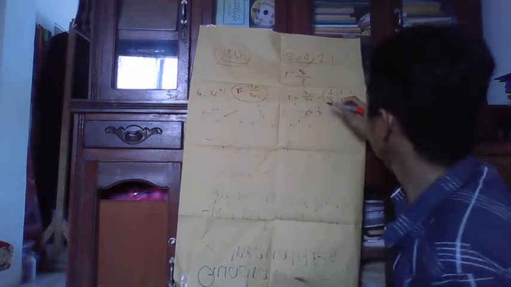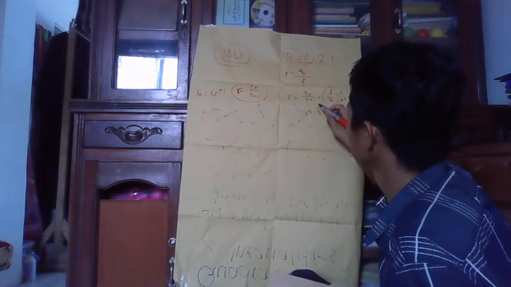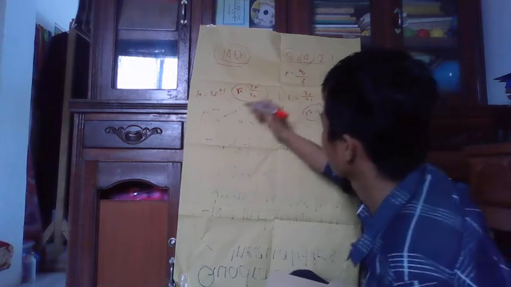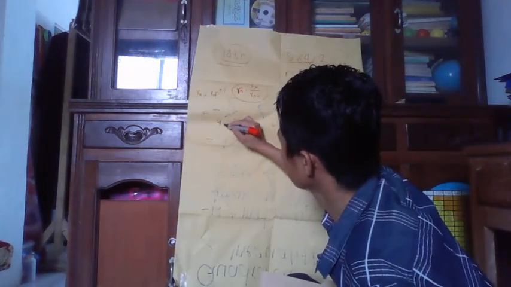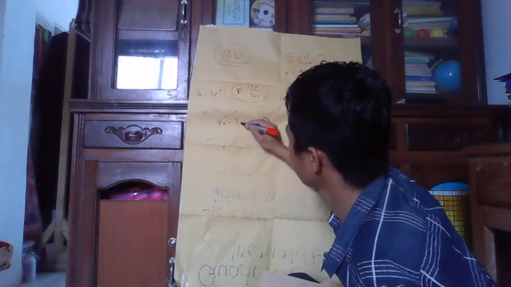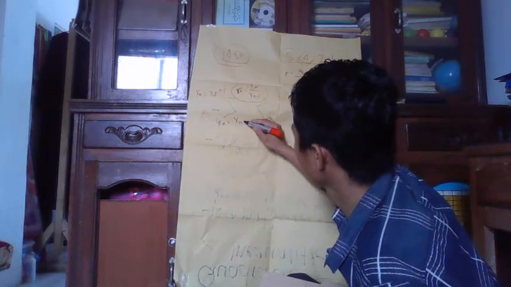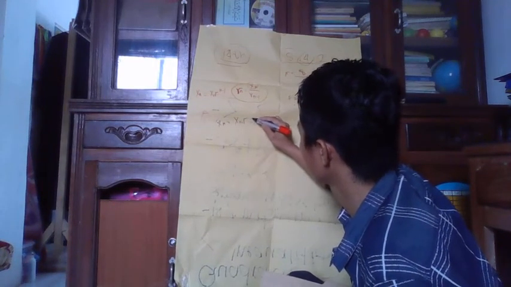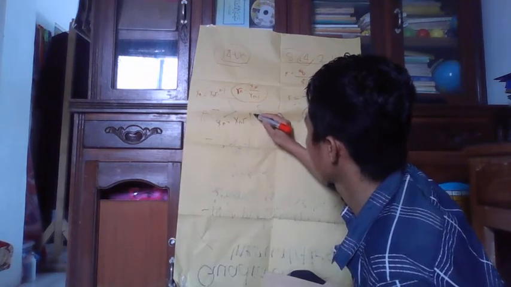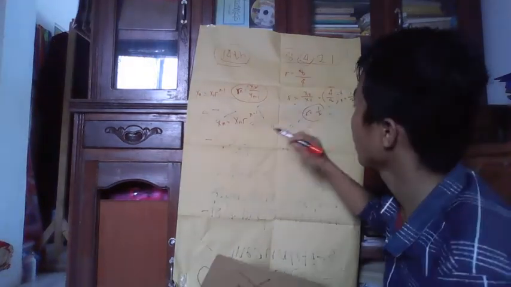Now we will use the formula x sub n is equal to x sub 1 times r raised to the power of n minus 1.